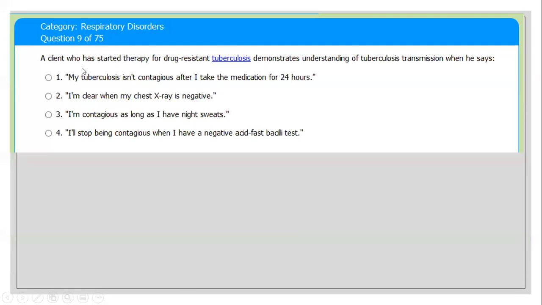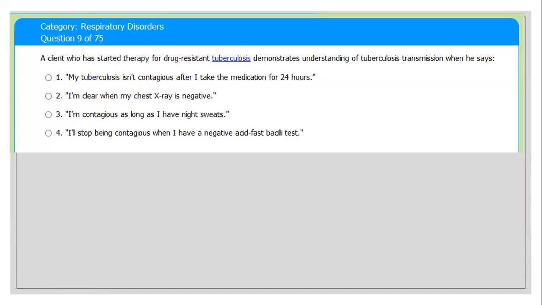A client who has started therapy for drug-resistant tuberculosis demonstrates understanding of tuberculosis transmission when he says... So tuberculosis is contagious.